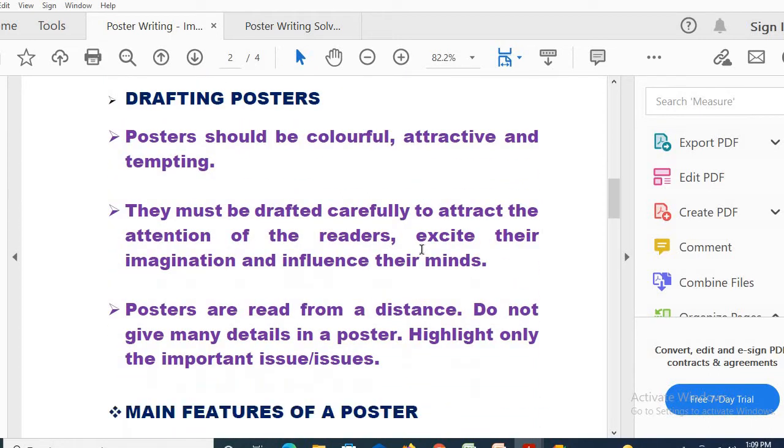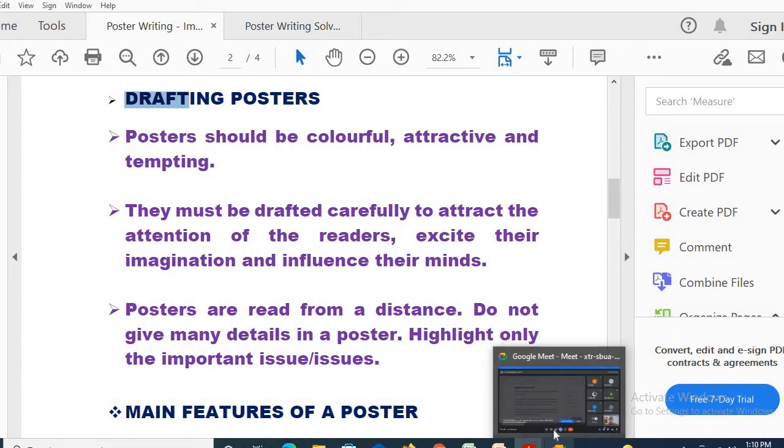Now the next important point that I am moving on to is drafting a poster. What is the meaning of draft? Can any one of you say what exactly is the meaning of this word draft? D-R-A-F-T. This is the root word actually. Can any one of you throw some light on this? What exactly is the meaning of the word draft?